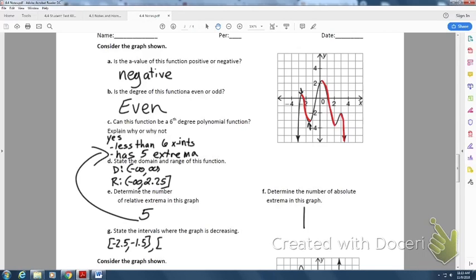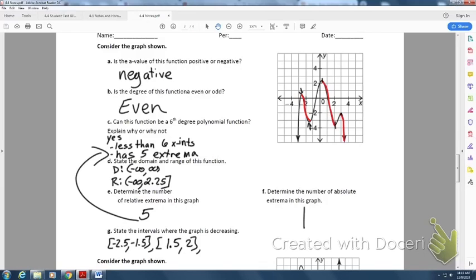The next part that is decreasing is up here. Let's say that's 1.5 to 2. And the last one, that's at 3, and it's going to positive infinity.